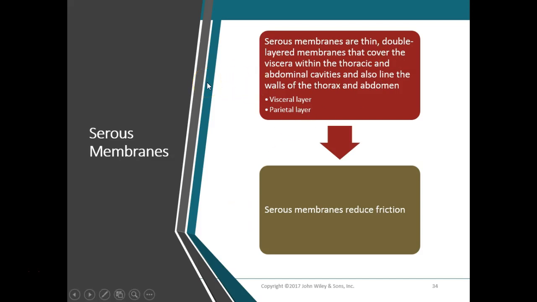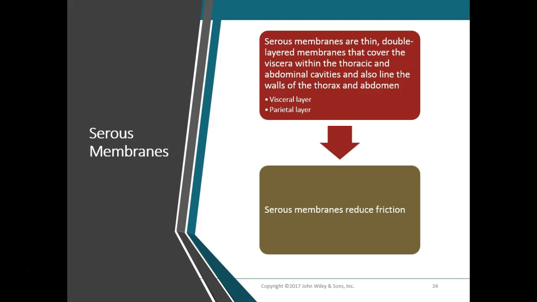These cavities in the human body are lined with serous membranes. Serous membranes are very thin, double-layered membranes that surround or cover the viscera. Viscera means organ. They surround and cover the cavities of the thorax, the thoracic area, and of the abdomen.